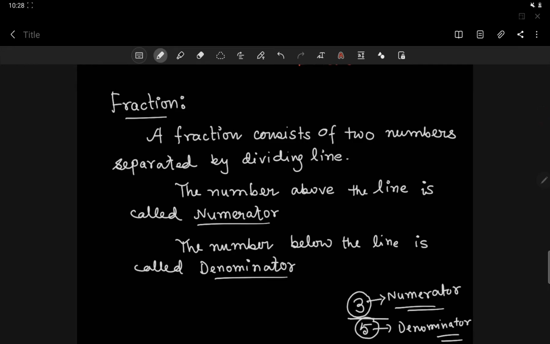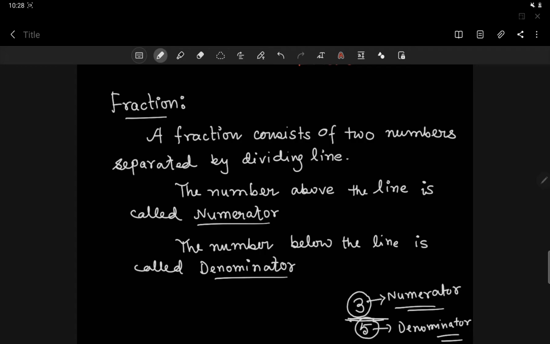Fraction consists of two numbers separated by a dividing line, and the number above the line is called numerator and the number below the line is called denominator. I have taken an example 3 by 5.